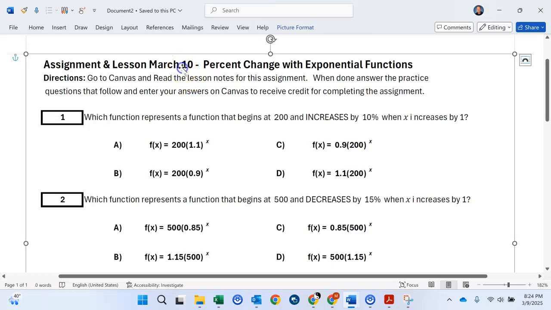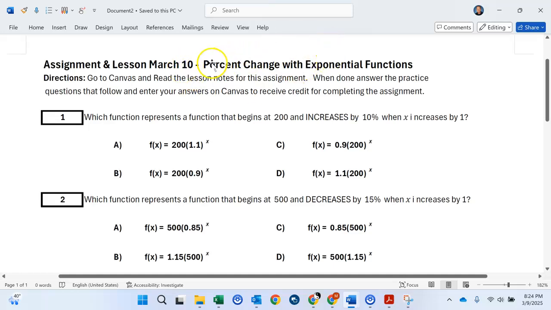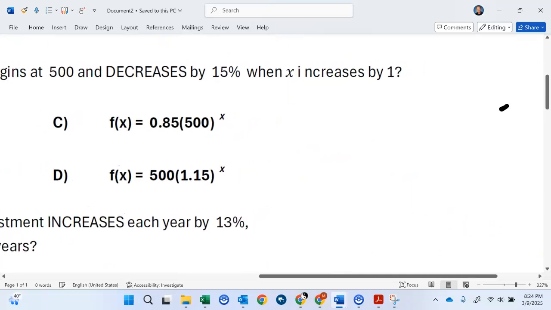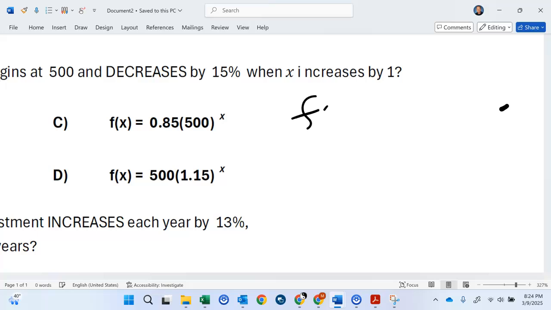Okay, so the first thing is to realize that when we have a percent change, the formula looks like this. The percent change function is the growth function, and it's going to be f of x equals, remember, our regular exponential function is this, right?